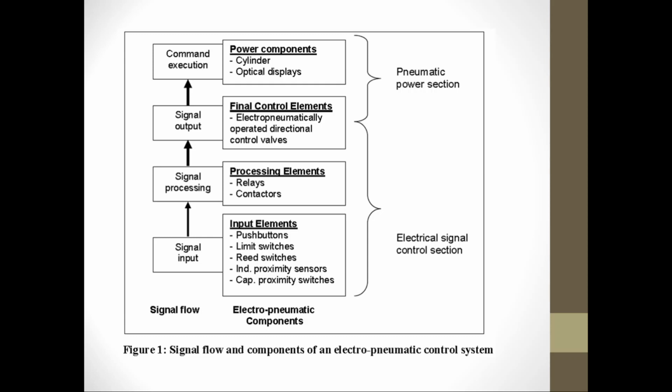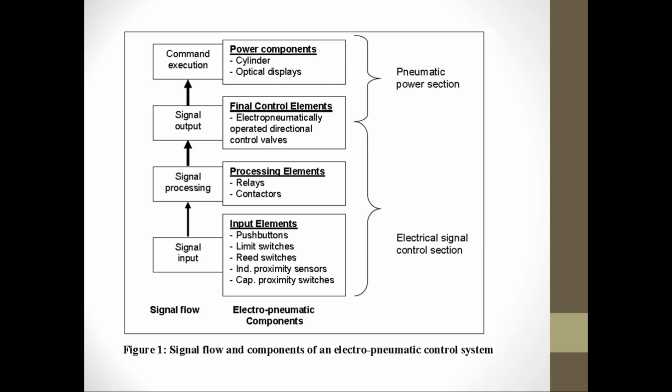Okay, so in the signal processing section, it is where the relays are being given a signal, and then in the signal output, it is where the solenoid valves or the directional valves will be given a signal to either turn on or off.